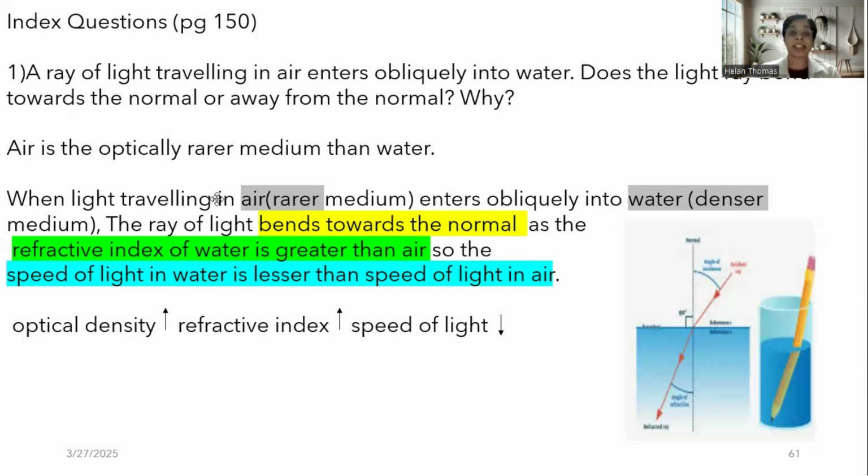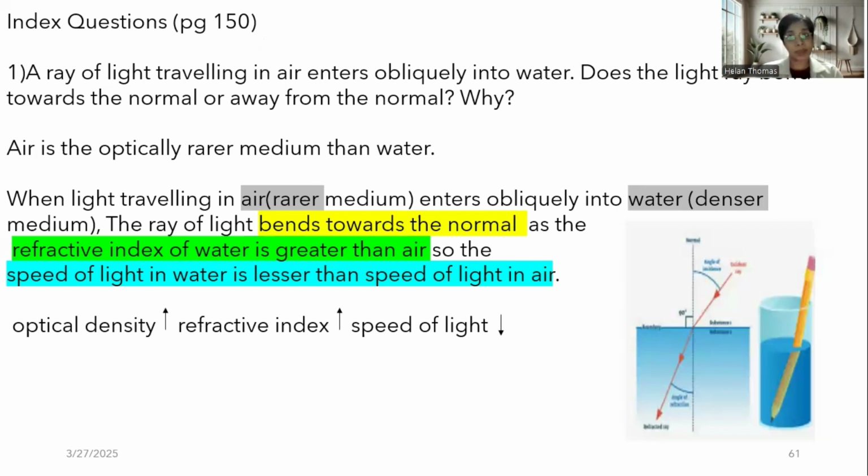The examiner expects you to say that air is a rarer medium and water is a denser medium. So you will bring the sentence here: when light traveling in air, which is a rarer medium, enters obliquely into water, which is the denser medium, the ray of light bends towards the normal.